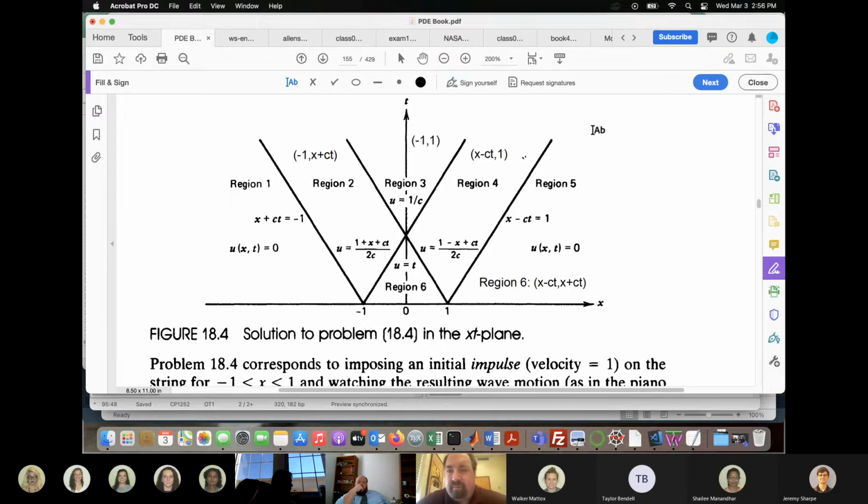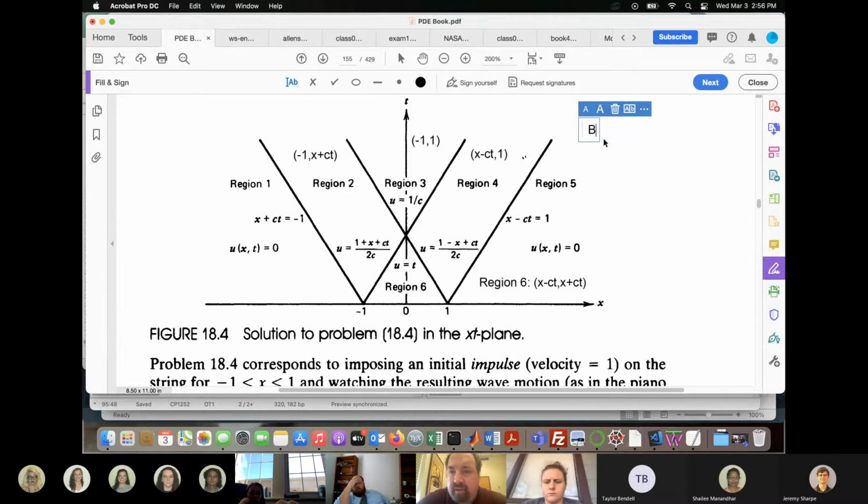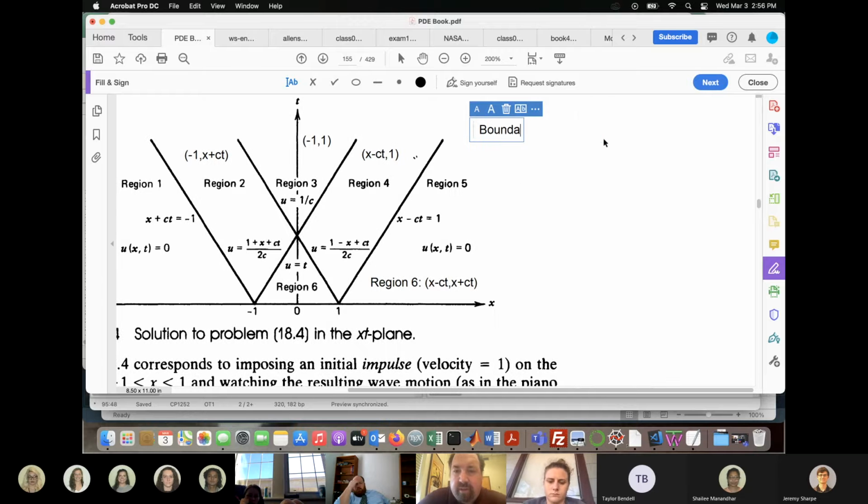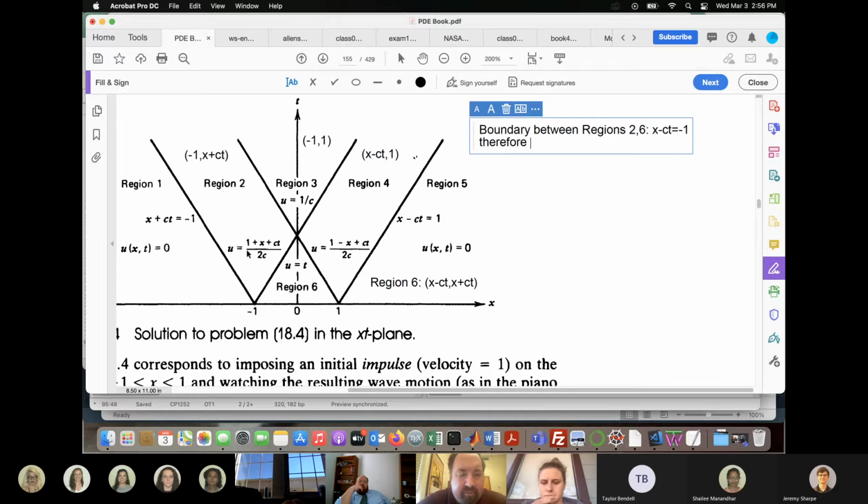I'll note this over here. Boundary between regions 2 and 6. So we have x minus ct is equal to minus 1. So now if you look at the solution formula over here, 1 plus x plus ct over 2c.